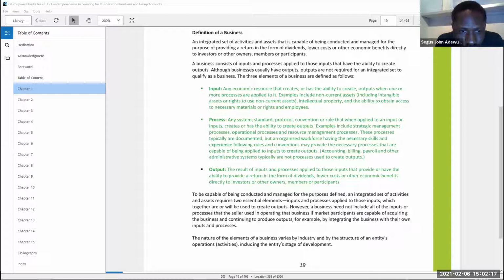These processes typically are documented, but an organized workforce having the necessary skills and experience following rules and convention may provide the necessary processes that are capable of being applied to inputs to create outputs. Accounting, billing, payroll, and other administrative systems typically are not processes used to create outputs.